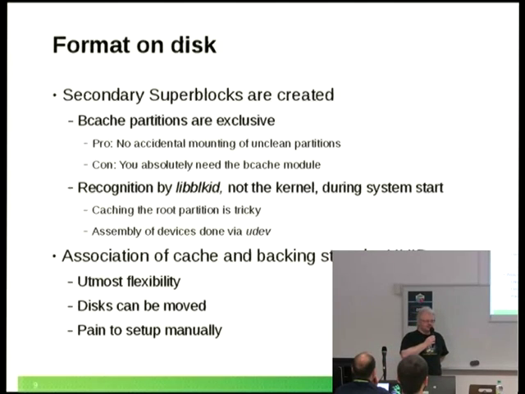This is the point here, that you cannot accidentally mount something that is dirty, which is good. And the problem is you cannot mount it in any other format than as a Bcache device, which means if your Bcache tools or the Bcache module don't work for some reason, your data is not lost, but it is inaccessible.